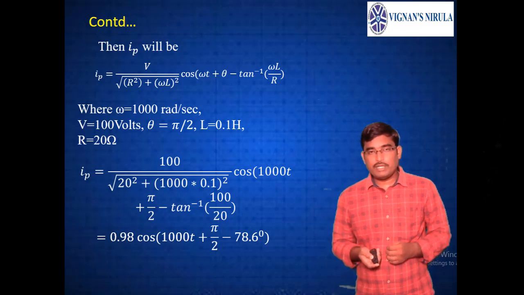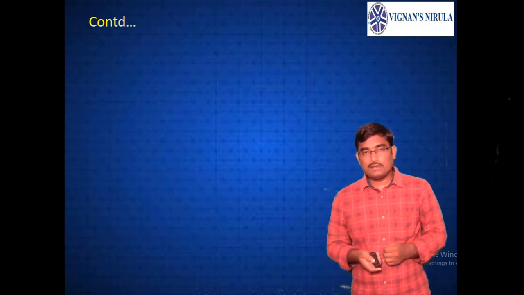Then it will be 0.98 into cos of 1000t plus pi by 2 minus 78.6 degrees.